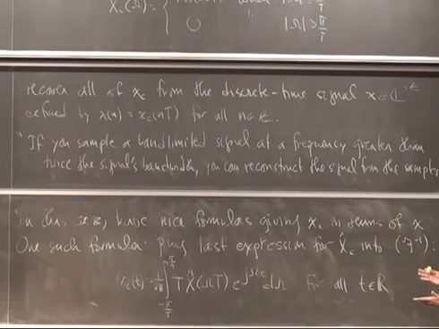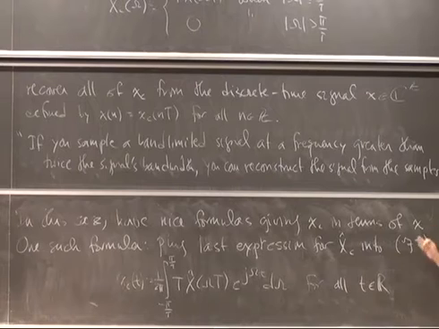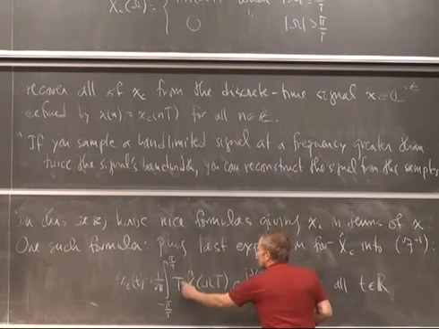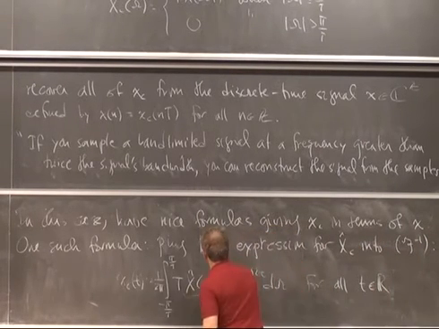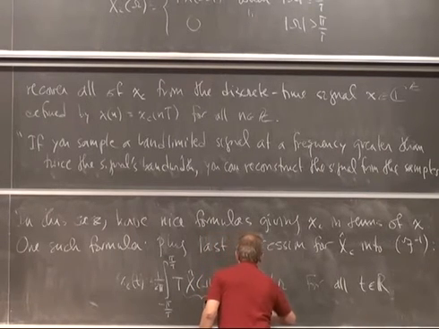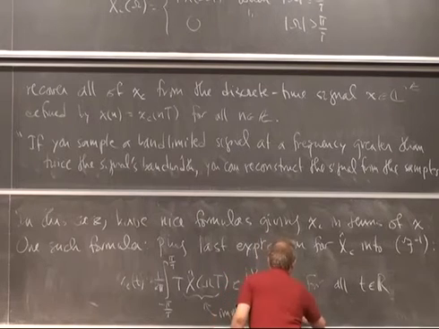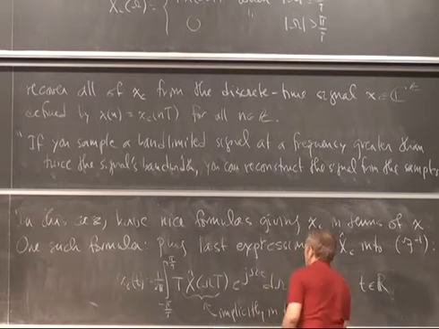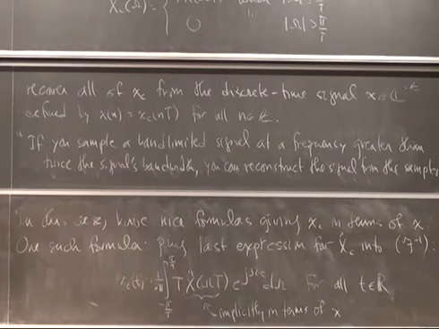Now, why is this a formula giving xc in terms of x? Well, x hat is implicitly in terms of little x. So that's why this is a formula for xc in terms of its sampled version, little x.